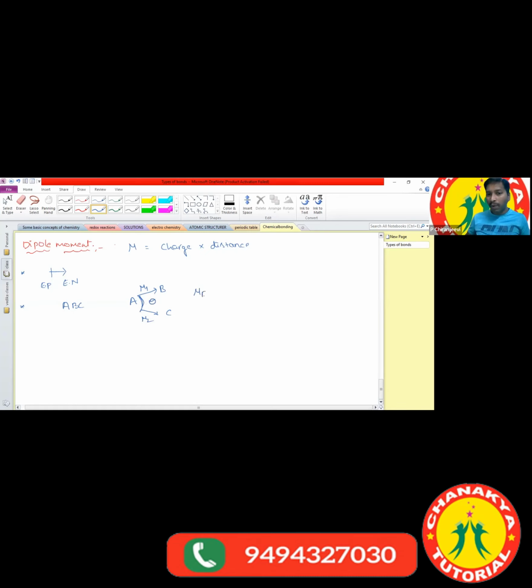The resultant dipole moment is mu r equal to the square root of mu1 square plus mu2 square plus 2 mu1 mu2 cos theta. By using this formula, we can calculate the resultant dipole moment in a polyatomic molecule.